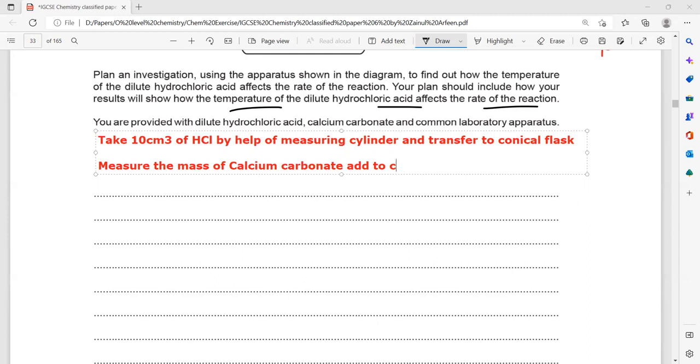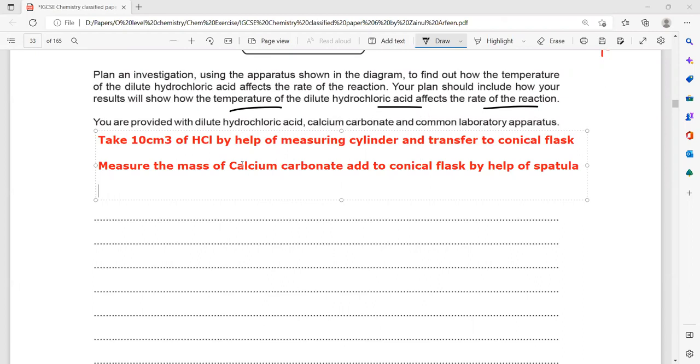How can we transfer the solid? With the help of a spatula. So using a spatula, we can transfer the solid.